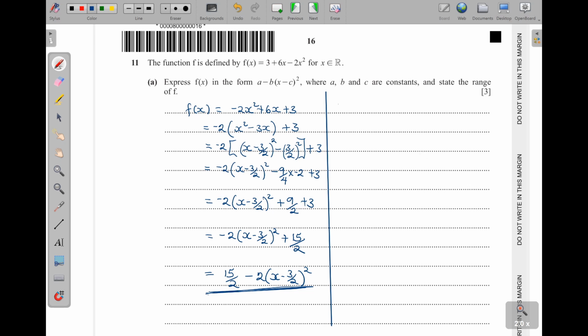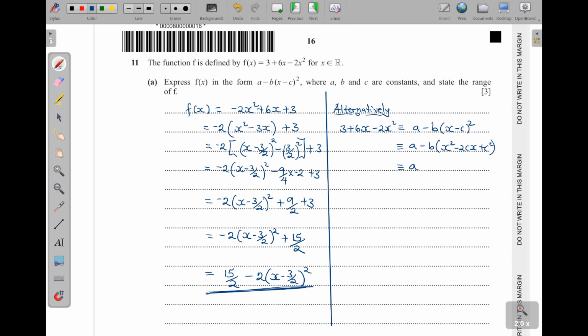Alternatively, like I said, there is another way. You can expand and equate coefficients. So your 3 plus 6x, then minus 2x squared, you equate to a minus b into x minus c squared. Open the brackets: minus b, then the square gives x squared minus 2cx, then plus c squared.